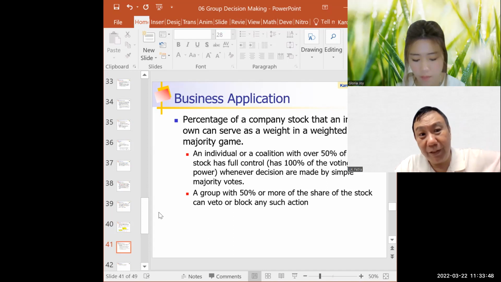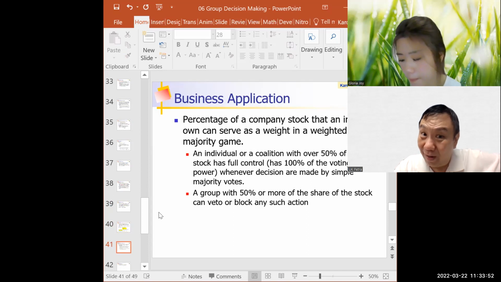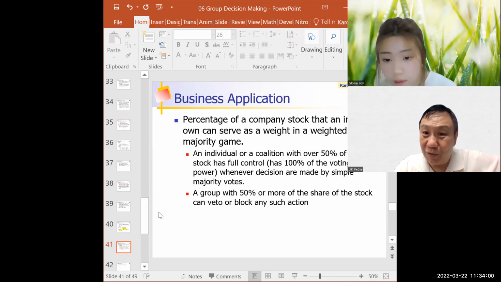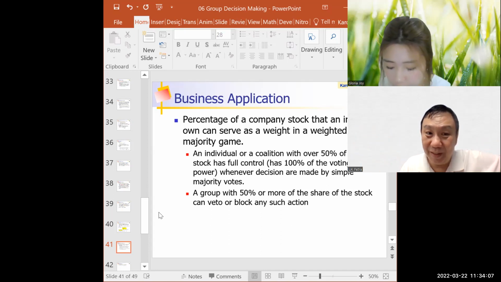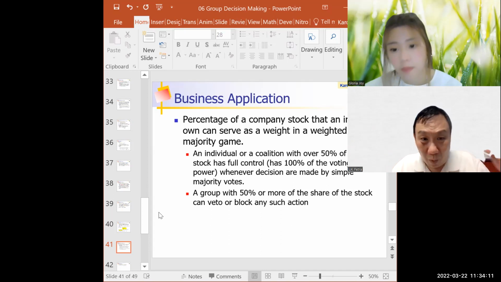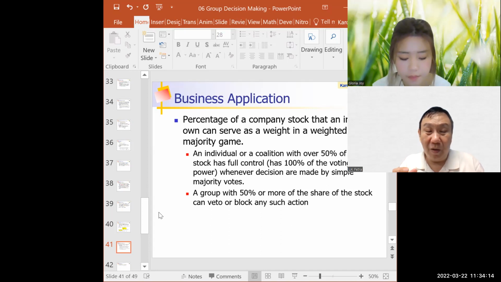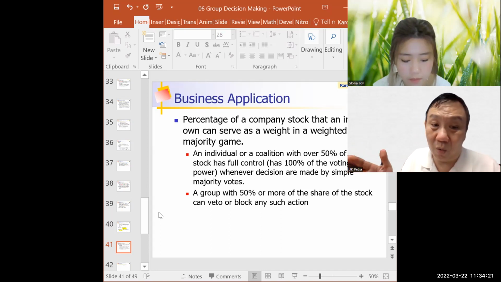Okay, so in business application, the percentage of the company stock that an investor owns can serve as the weight in the weighted majority game, isn't it? So if you own a certain number of shares in the company, then you as an individual, or your coalition, a group of people that own over 50% of the stock, will have full control.